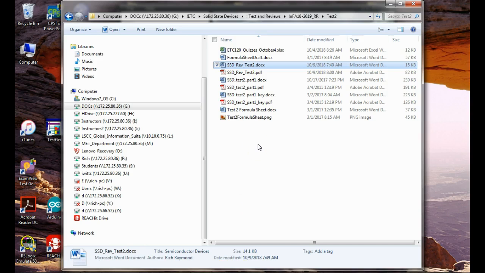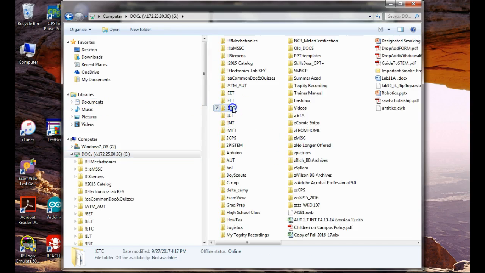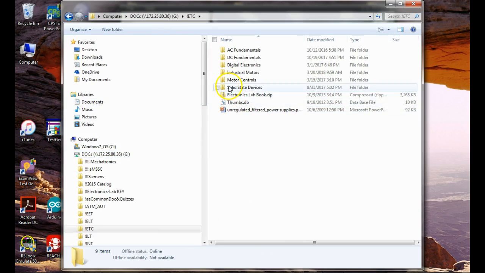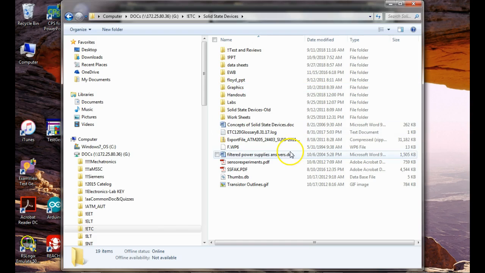Basically, if we come in and give you a scenario, let's say we have this reading here and this reading here, what would be the most likely cause, or what would be the components that might cause that problem?